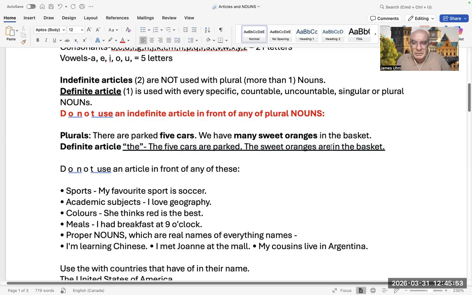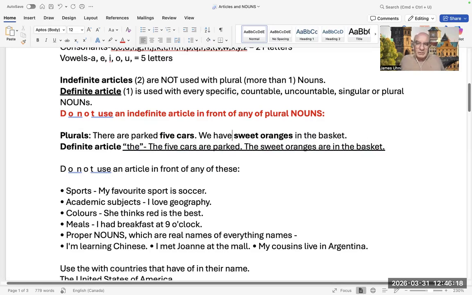The sweet oranges are in the basket. We have many sweet oranges in the basket. The sweet oranges, now we are not saying many, are in the basket. We can even delete many.